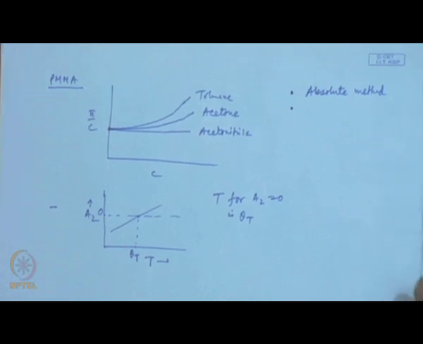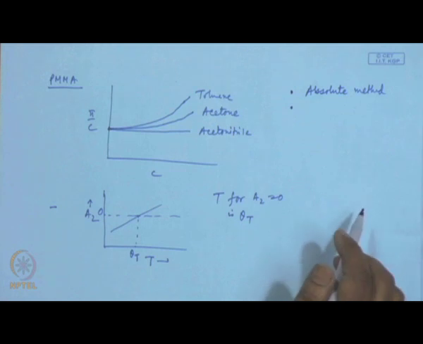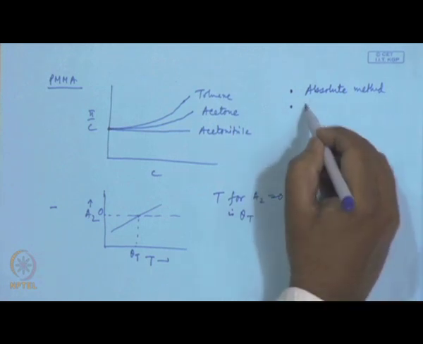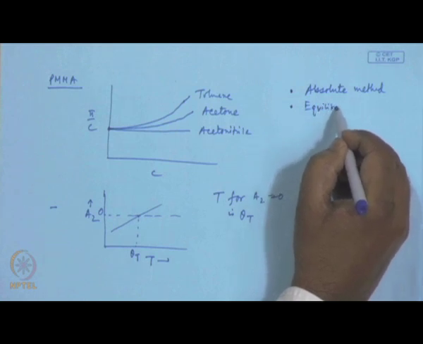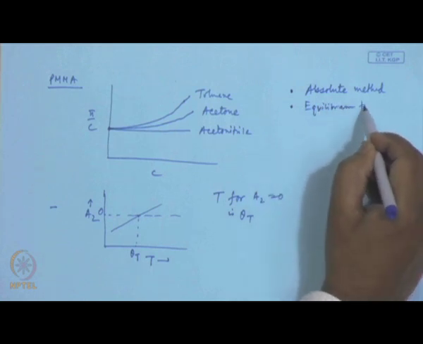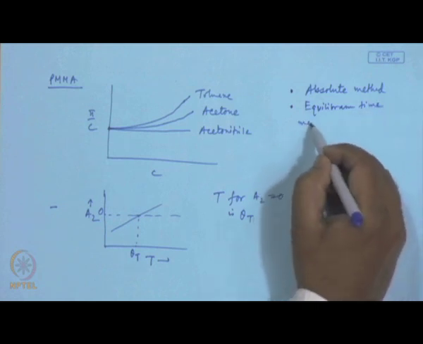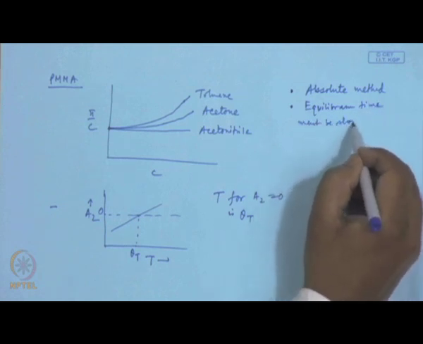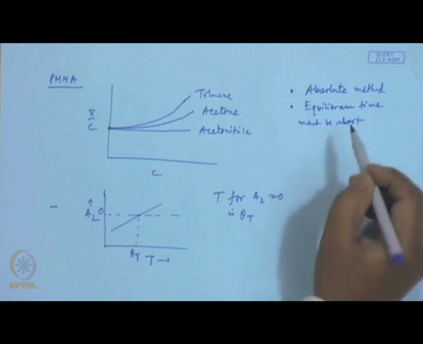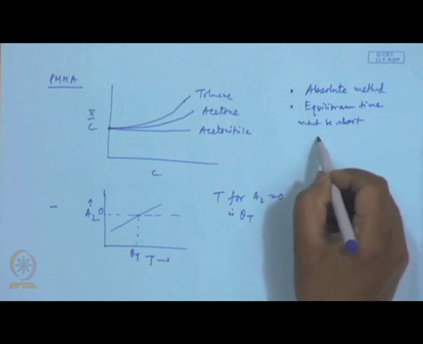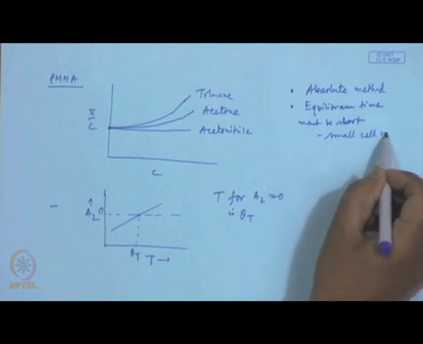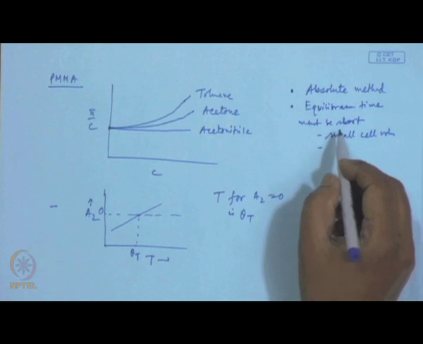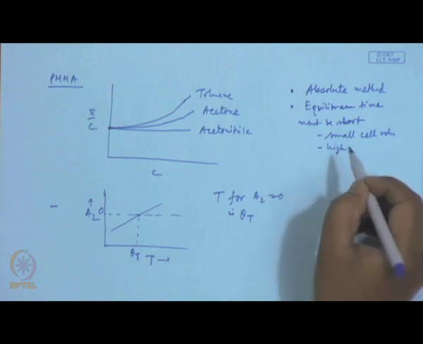Now, to make the experiment short, the equilibration between the solvent side and the solute side must be fast. So, equilibration time must be short, which can be done either by small cell volume or by high membrane surface area.